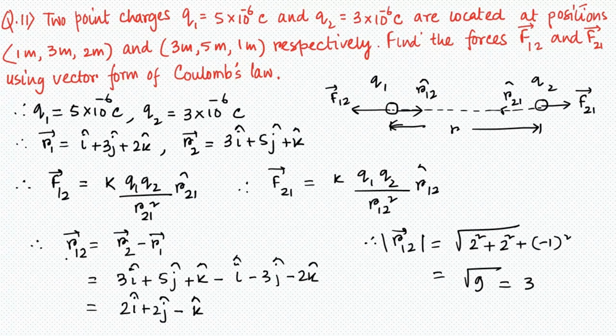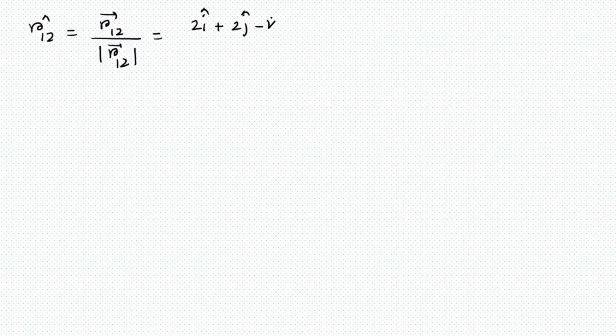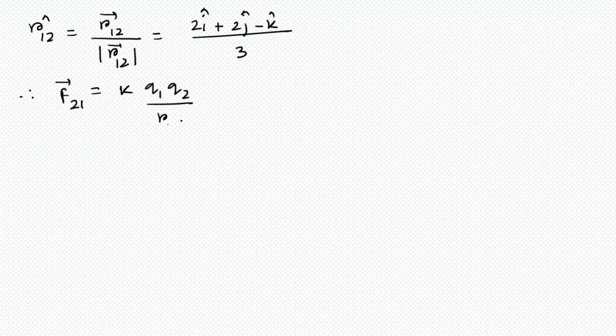So now we have got the r12 vector and the magnitude of r12, because we know unit vector r12 cap is equal to r12 vector divided by mod of r12. So r12 cap is 2i cap plus 2j cap minus k cap divided by 3. So from here we can calculate F21, which is equal to K into q1 q2 by r12 square into r12 cap.